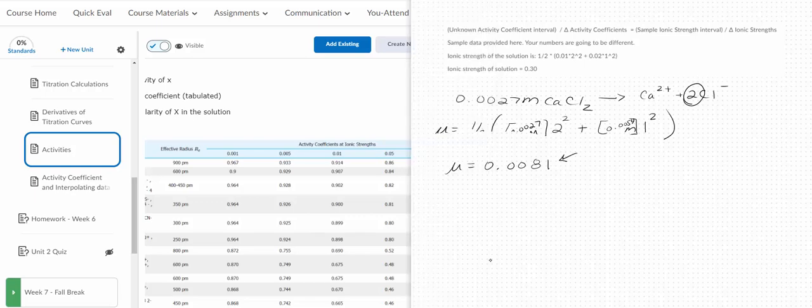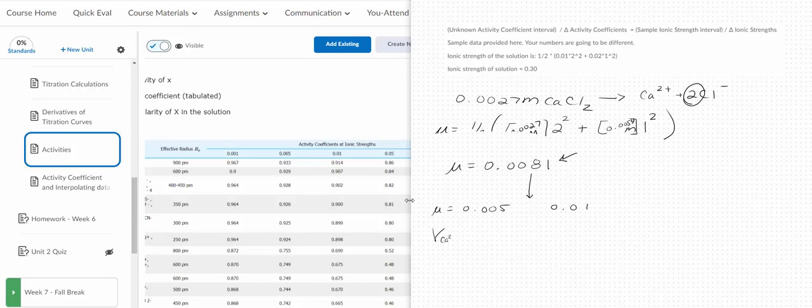And calcium is down here in the middle, I believe. We just had it, yeah. And I need to find what ionic strengths would bookend this ionic strength of 0.008. And the answer is my ionic strength bookends would be 0.005 and 0.01. You see how my value would be in between them.